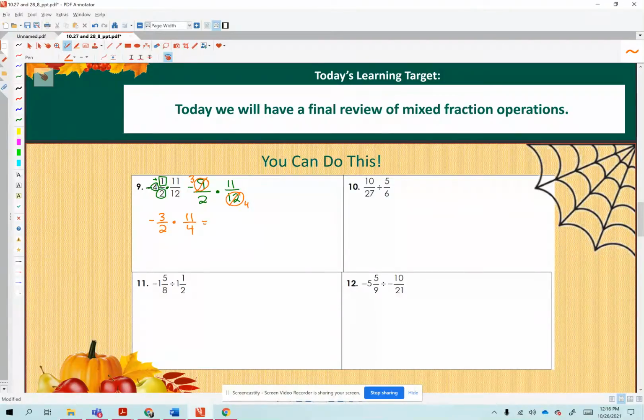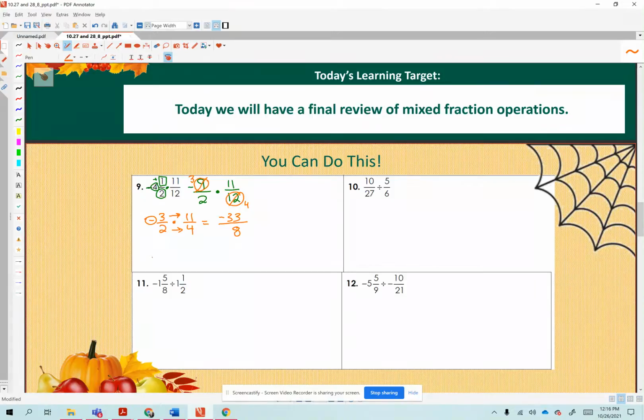And now I multiply straight across, multiply the numerators and then the denominators. Negative 3 times 11 is negative 33. Now remember, you can't multiply the negative with both the numerator and the denominator. It's one or the other. And 2 times 4 is 8. And now I have an improper fraction.